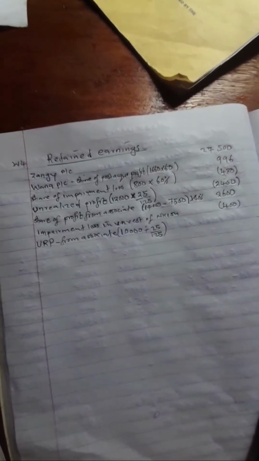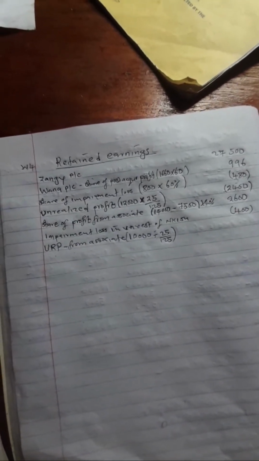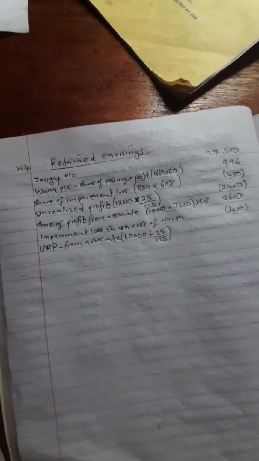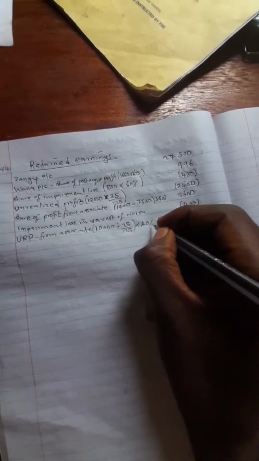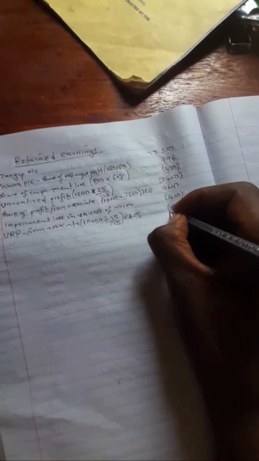That is how much was charged there. So that is 10,000 by 25 divided by 125. So now we don't forget to get our share here, 4%, which is going to give us 800 there.